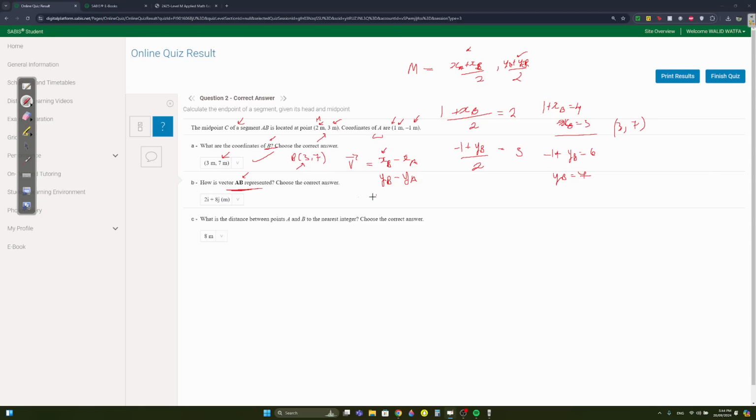X of B is 3, x of A is 1. So it's 4, 8? No, 3 minus 1 is 2, not 4. 8, so 2i plus 8j.